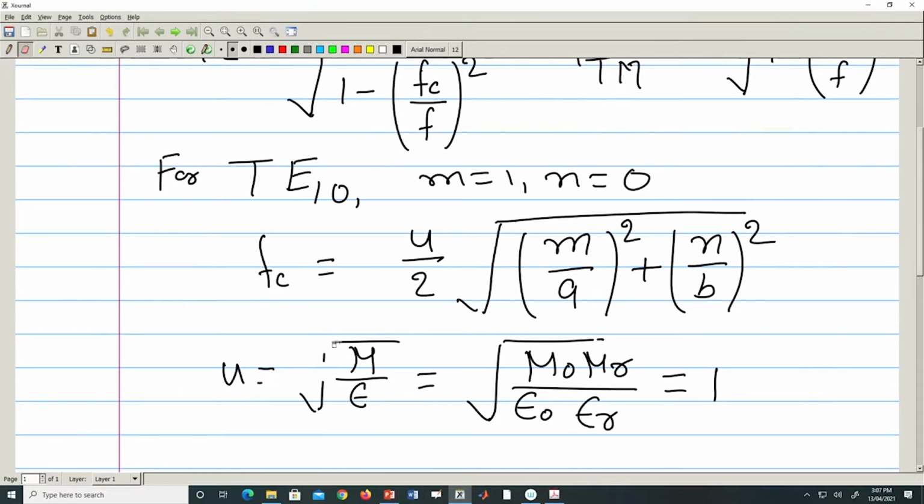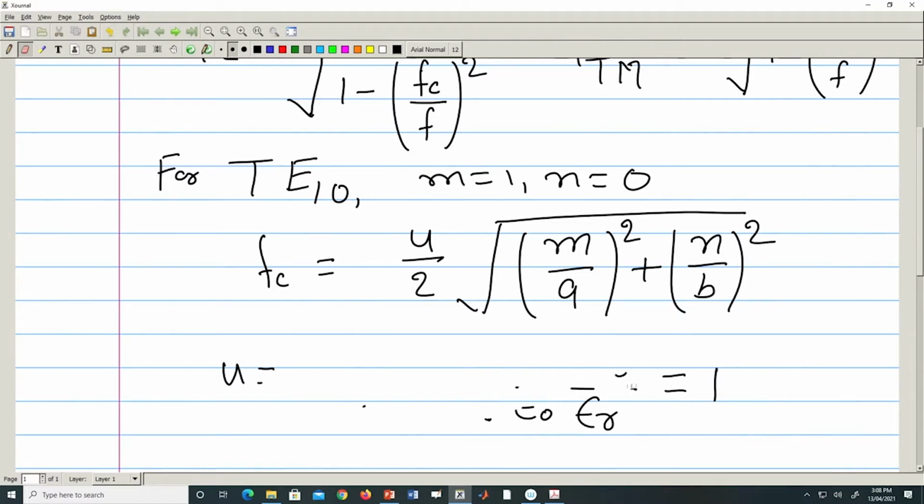So, u is the velocity in the rectangular waveguide. It is defined as 1 by the square root of mu epsilon, and it can be written as 1 by the square root of mu naught mu r epsilon naught epsilon r, because mu r and epsilon r are 1.